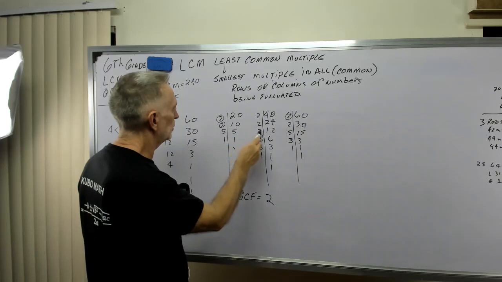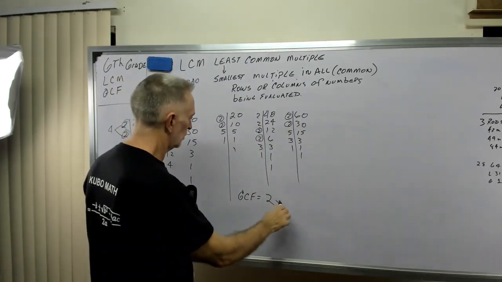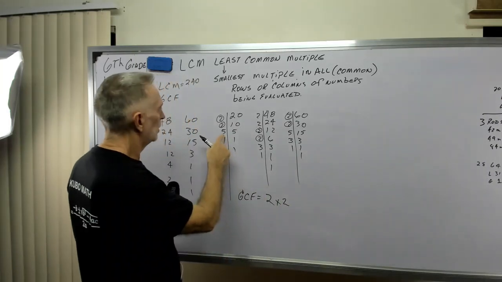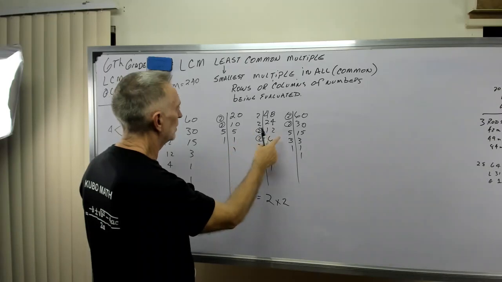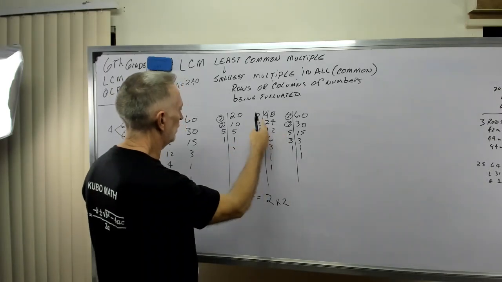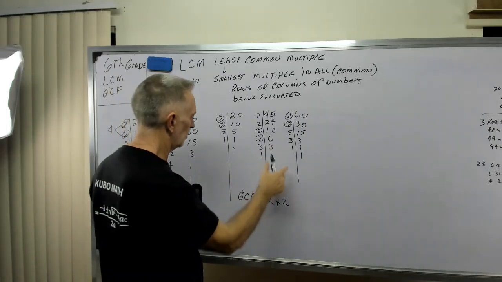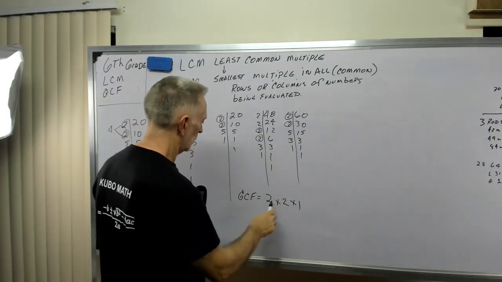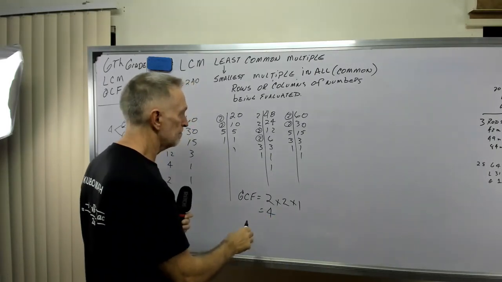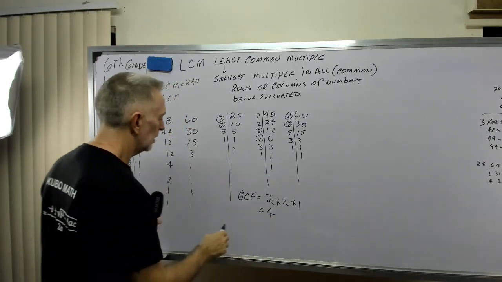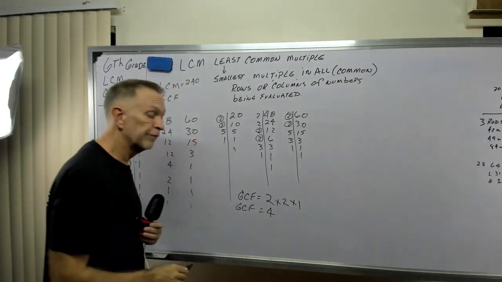I have that 2, and that 2. So 2 times the next 2. Do I have a 5? I have a 5 here, but I don't have a 5 there. I do have a 1, a 1, a 1, times 1. 2 times 2 is 4, times 1 is 4. Okay? So my greatest common factor equals 4.